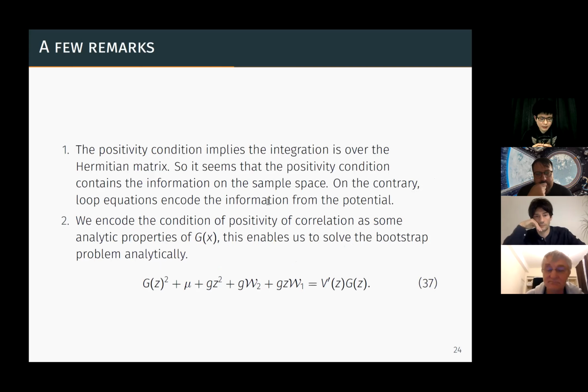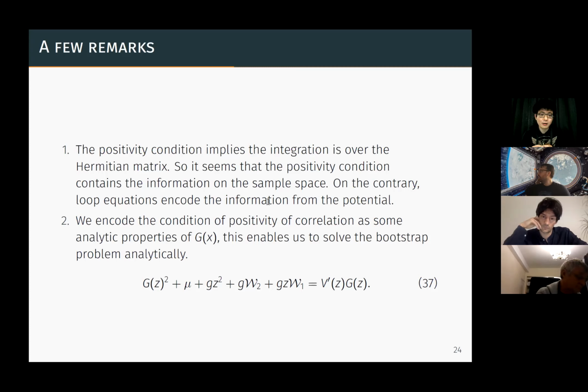In this way we transform all the information from the loop equations and from the correlation matrix into the resolvent. So we can solve it by complex analysis, and we can rigorously prove that the analytic solution is the only solution of all the bootstrap conditions. So it must converge to the analytic solution.